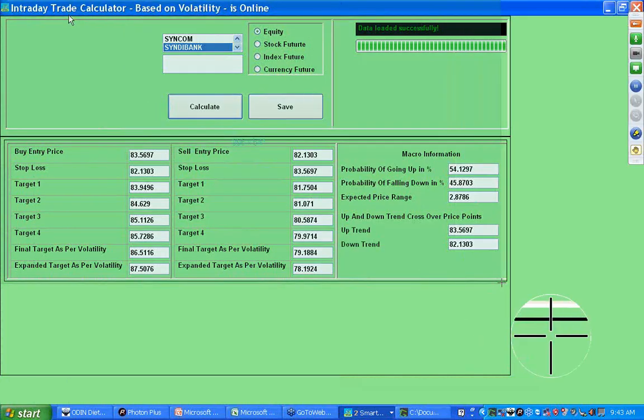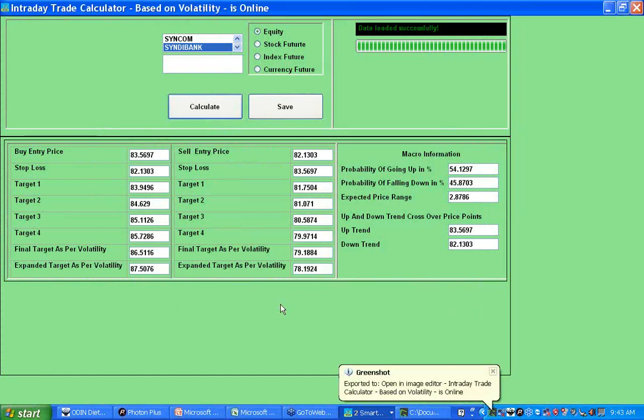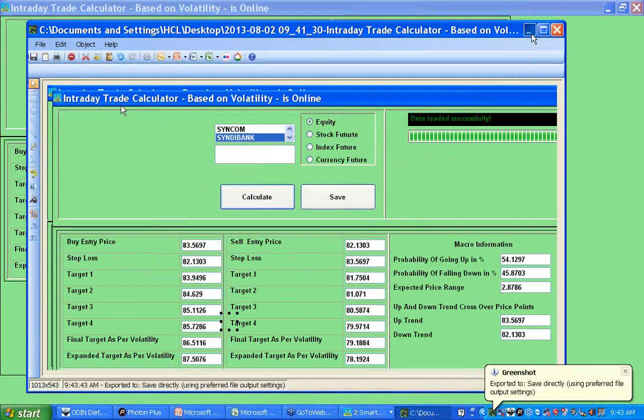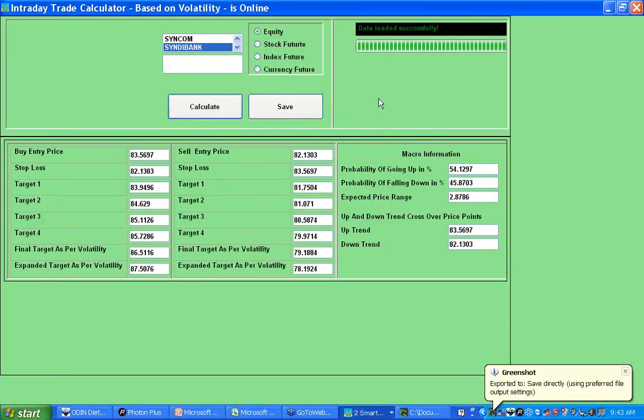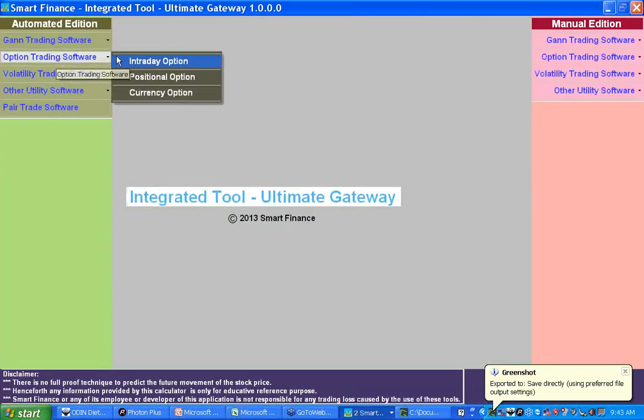Something on options also I'll be discussing. So I have taken 2 readings for the equity segment, currencies also I have taken, and 1 index, Bank Nifty and Nifty also I have taken. So let me go to the options front.